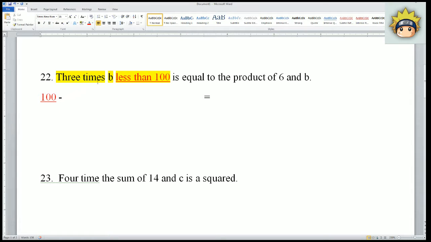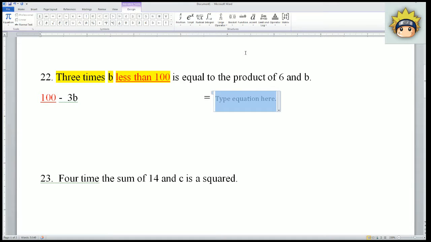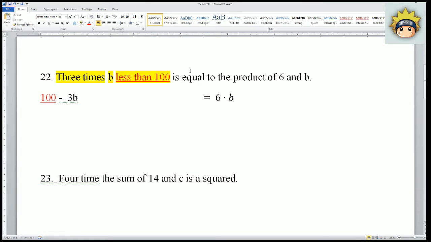3 times b, so that is your 3b, equal to the product. Product means multiplication of 6, so let me create the equation here. 6 dot b. Product is your multiplication, so I can make that green.